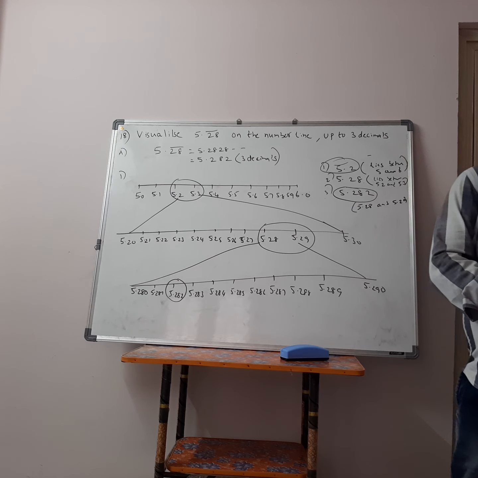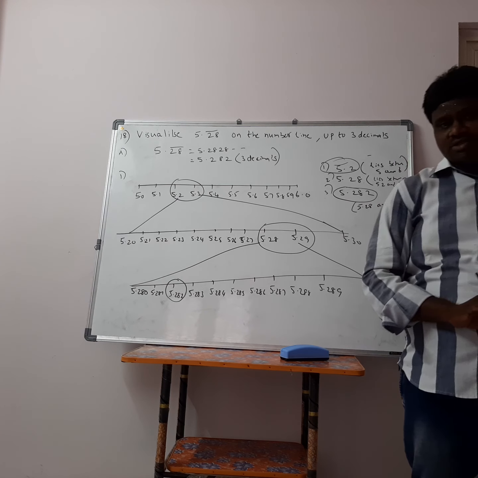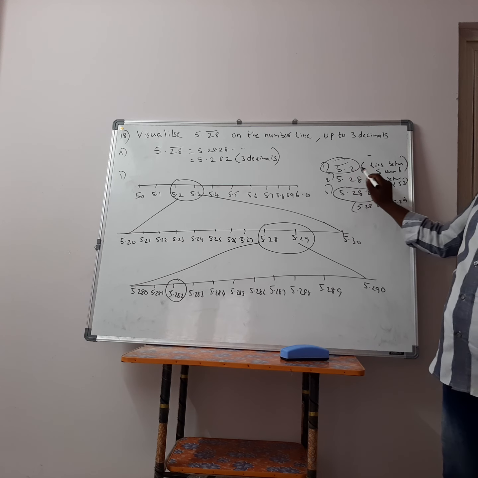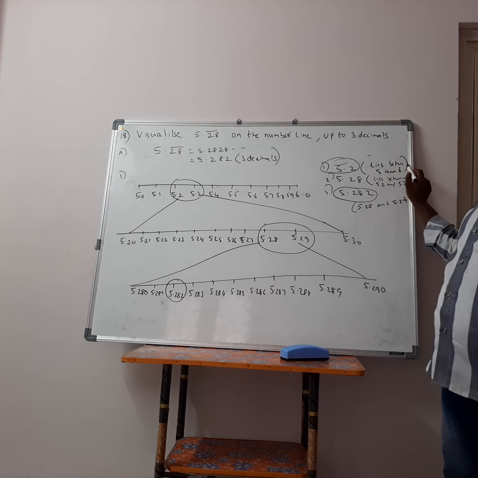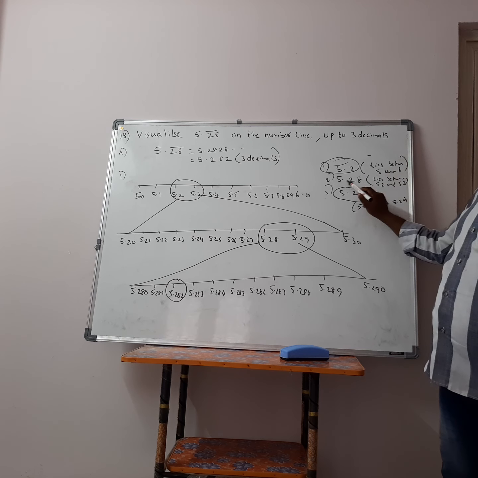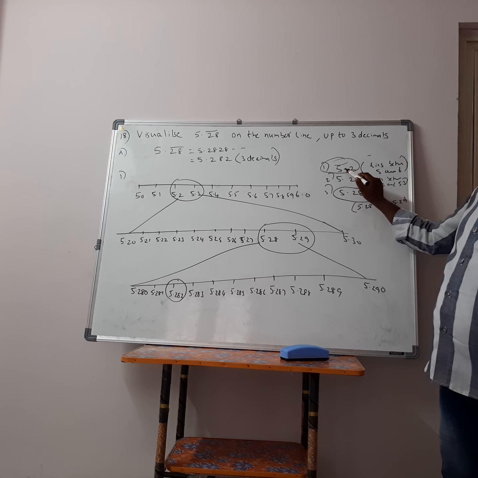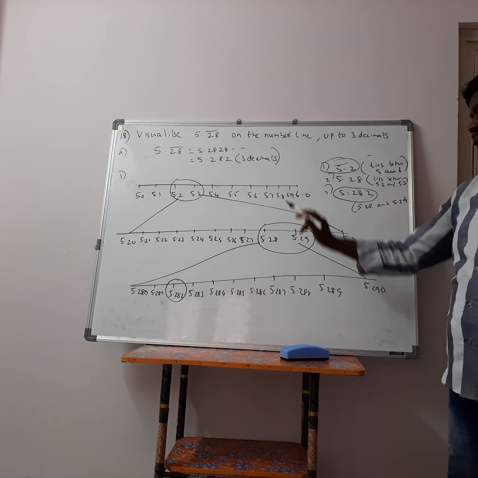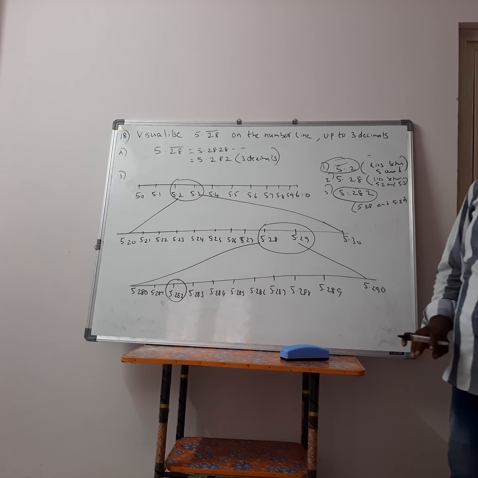After that, you have to complete the steps. So this is the method to check: 5.2 lies between 5 and 6. 5.28 lies between 5.2 and 5.3. 5.282 lies between 5.28 and 5.29. So you have to round up this one.